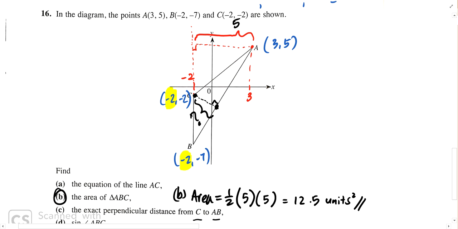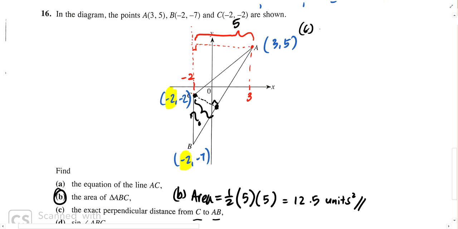If AB is the base, then our perpendicular height is exactly what part C wants us to find. Since the area doesn't change, it is the same triangle, half times AB times whatever they want us to find must equal 12.5. Okay, so let's put that all down.